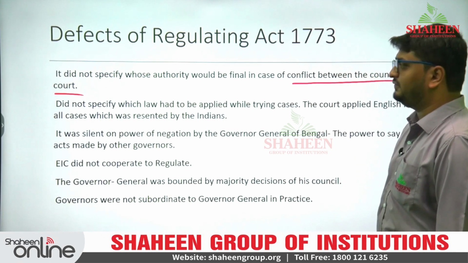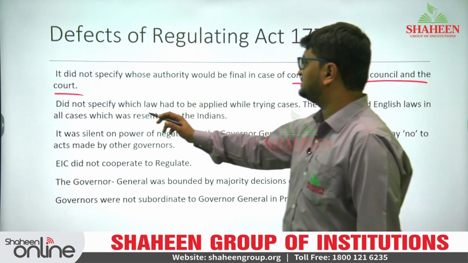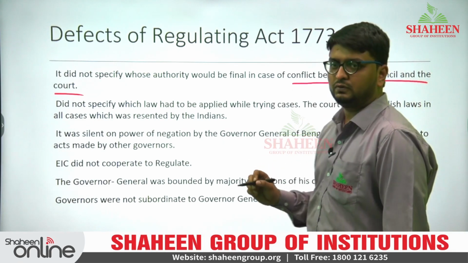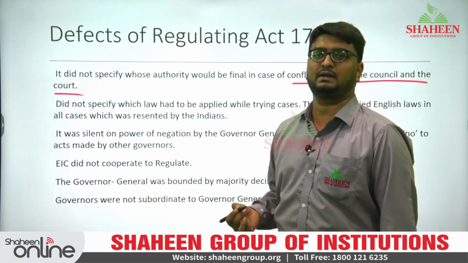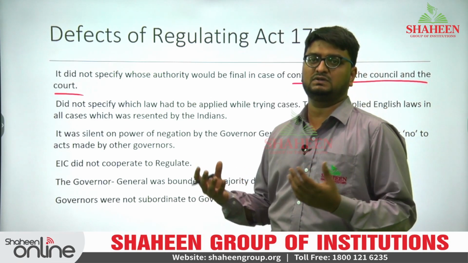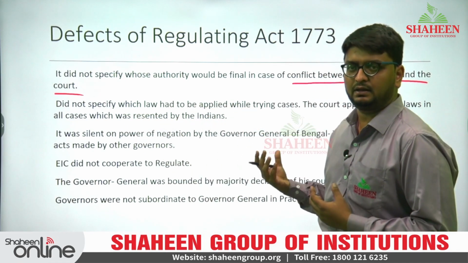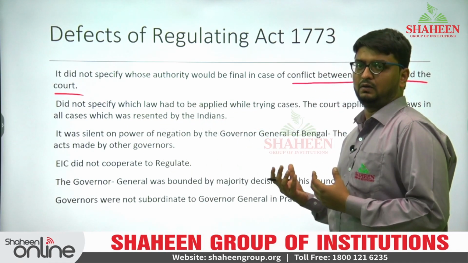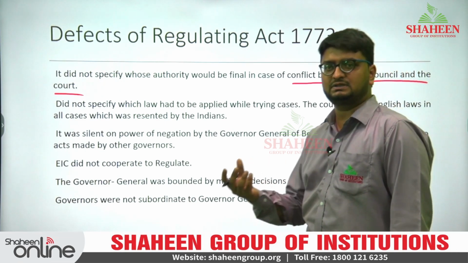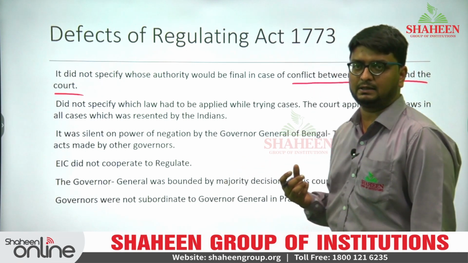Then the second defect we can tell is that it did not specify which law had to be applied while trying the cases. You know that in India the Britishers were there, and Indians were there, so there were two laws. One set of English law was there, and on the other hand you have Indian laws. Which law will be applied if Indians come to the Supreme Court at Calcutta?